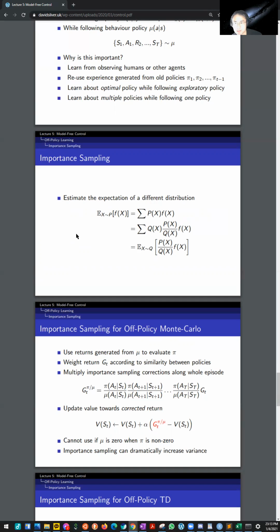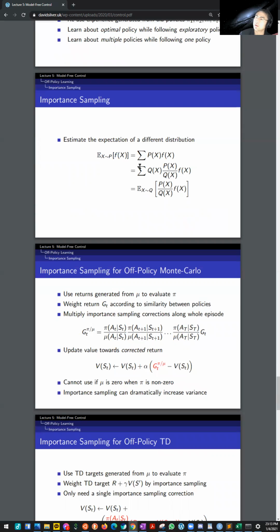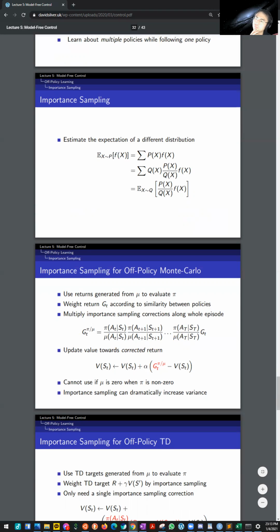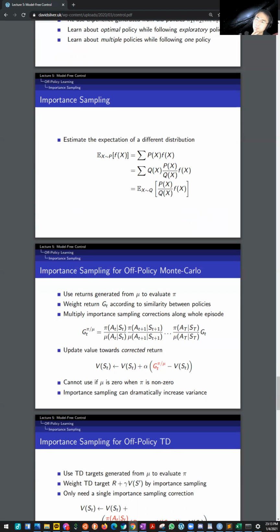Not too technically, the main idea is, let's say the reward function for a reinforcement learning problem follows distribution P. In terms of the formula, it would be the reward function multiplied by the probabilities of P, summed up. But we can't use P directly.